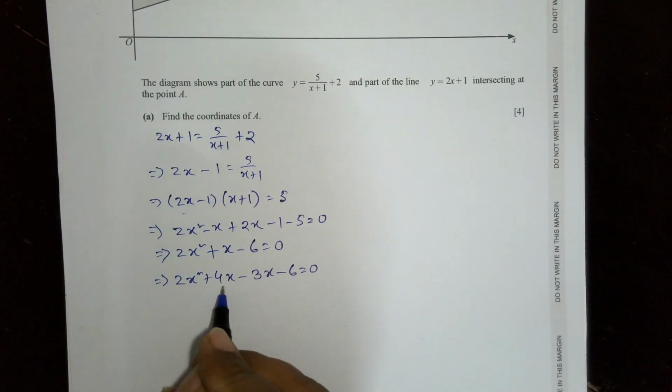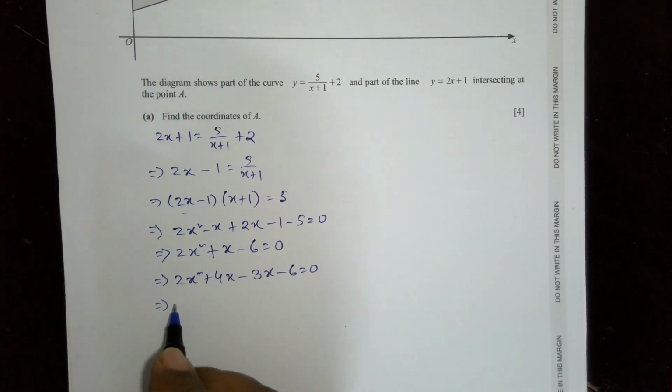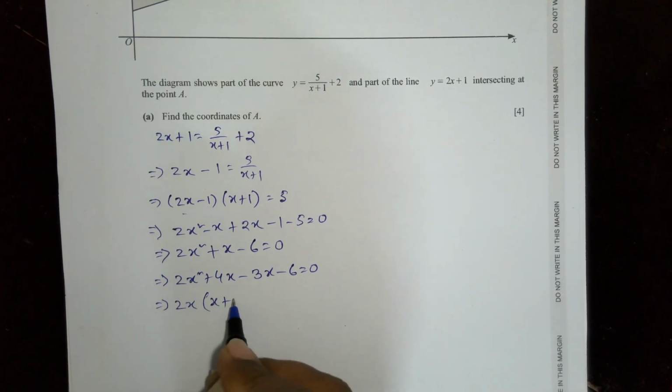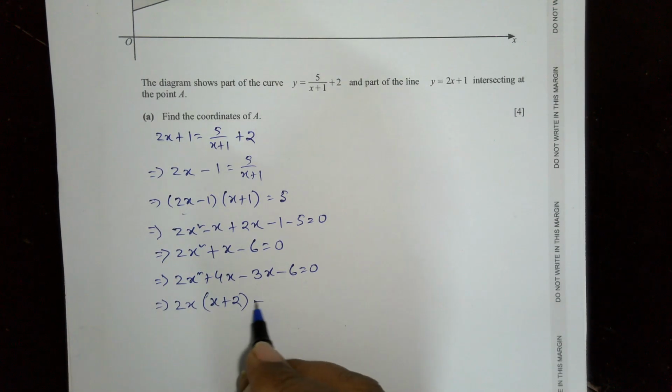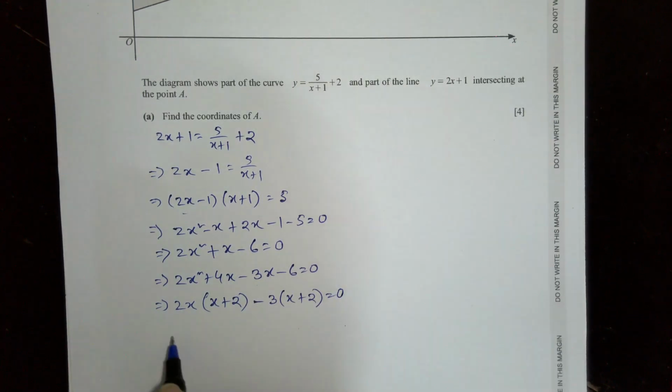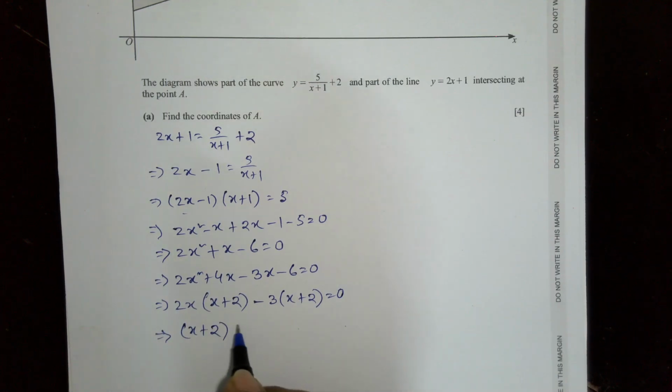From the first two terms, 2x is the common factor, so let's take it out. We'll have x plus 2, and here minus 3 is the common factor, so we also have x plus 2 as the other factor. Now x plus 2 being the common factor, let's take it out: x plus 2 times 2x minus 3 equals 0.